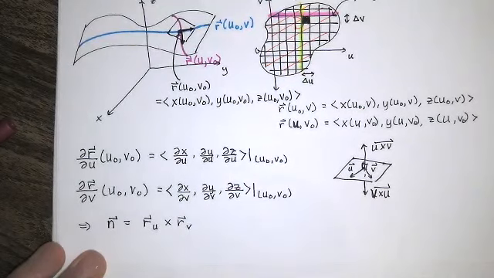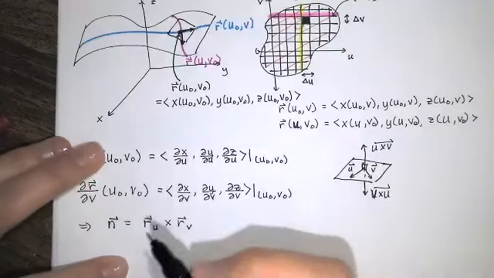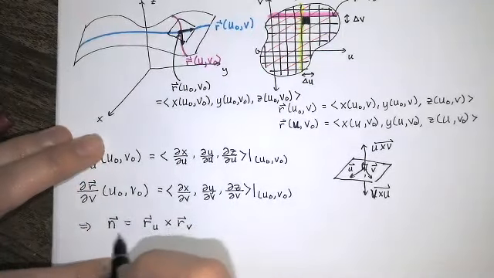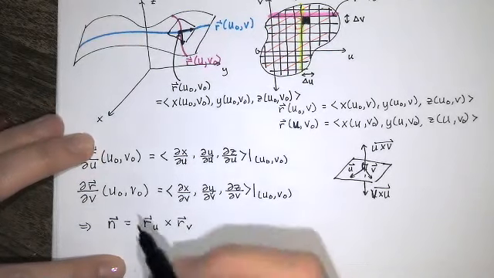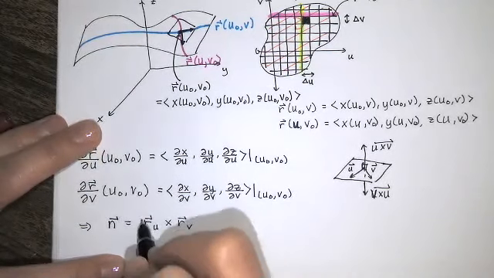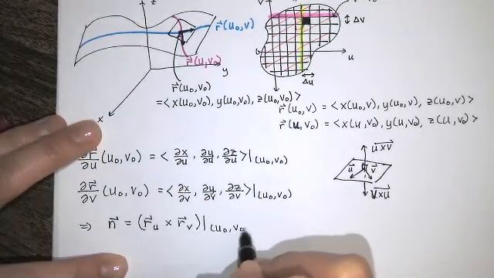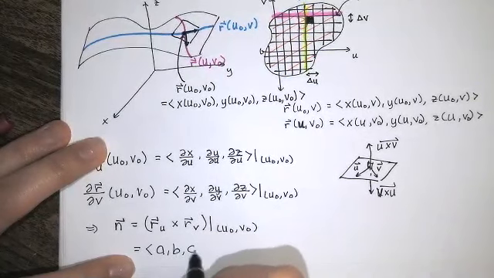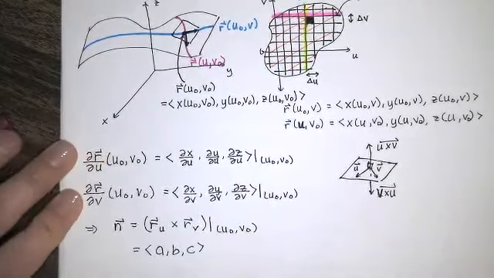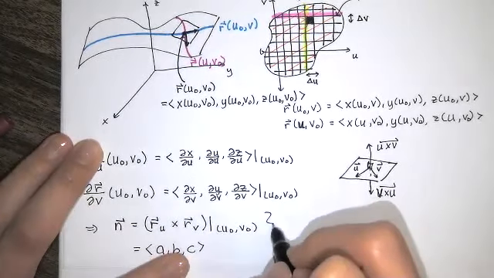If we want it to be a unit vector, we'd have to divide by the length. And of course, if we want this to have components that are non-variable components, we need to evaluate this at u naught, v naught. It's going to give you a vector with components a, b, and c, and that's the normal vector there. So that's the normal vector to the surface at that point.